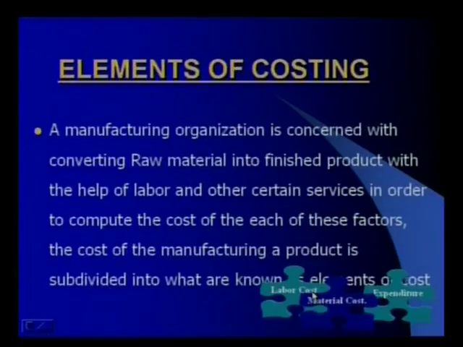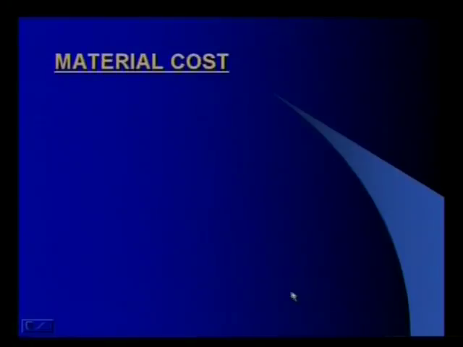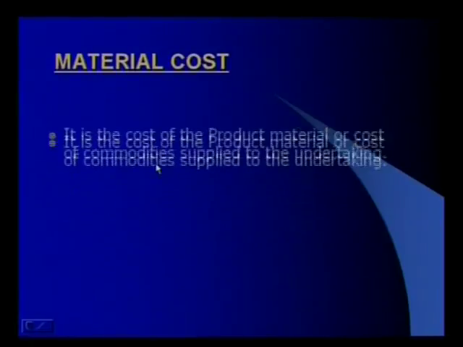These are broadly classified into three categories: direct material, direct labor, or we can say material cost, then labor cost, and the final one is the expenditure. We are going to see what actually is material cost.